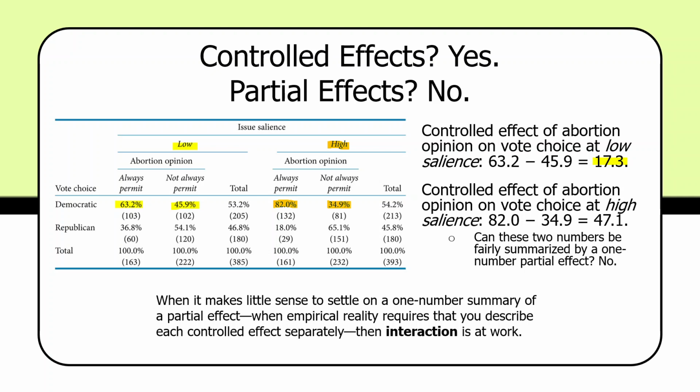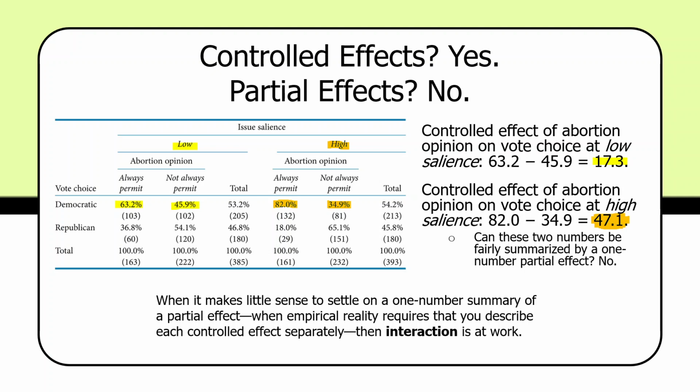So in this comparison of percentages, you're looking at 82.0 minus 34.9, which is on the order of 47 percentage points, 47.1 percentage points. So what did we find? On this side, about a 17-point effect, and on this side, about a 47-point effect.